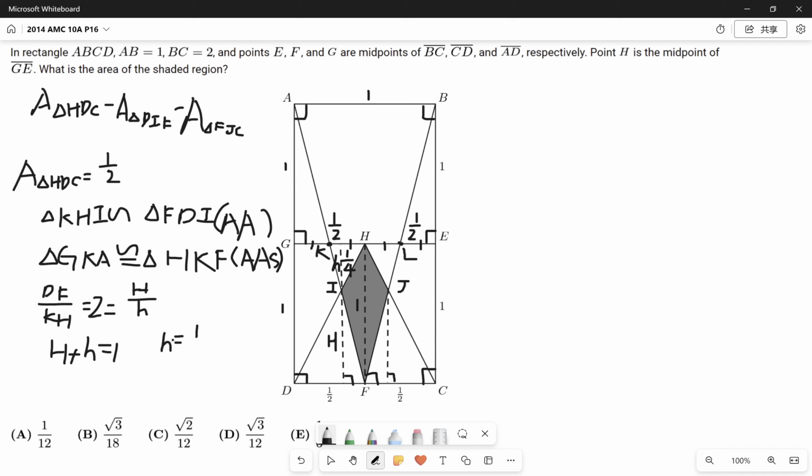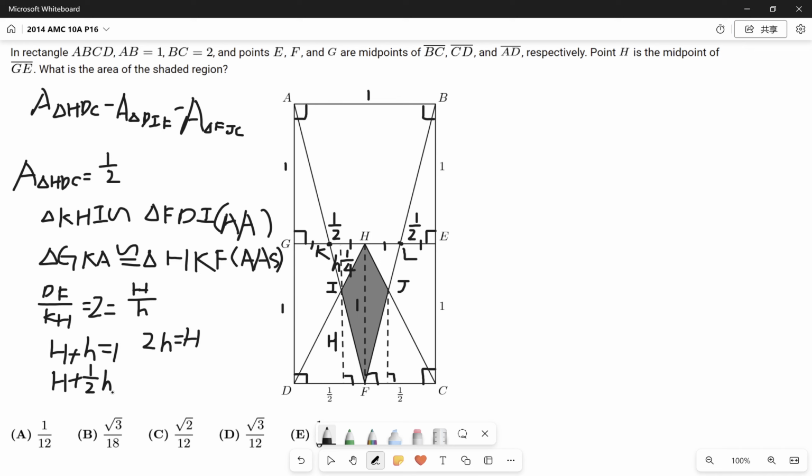Okay, so basically small h is equal to 1/3, or big H is equal to 2 times small h.